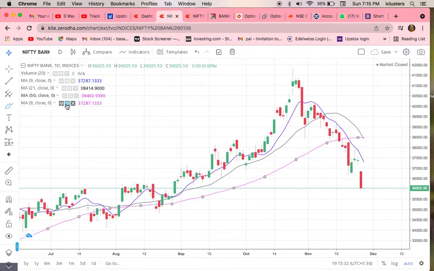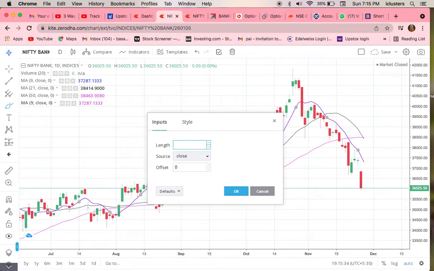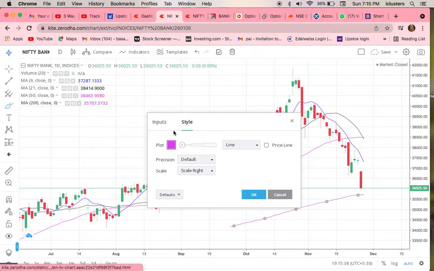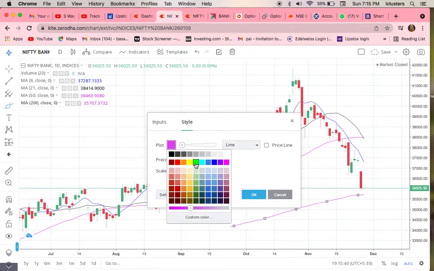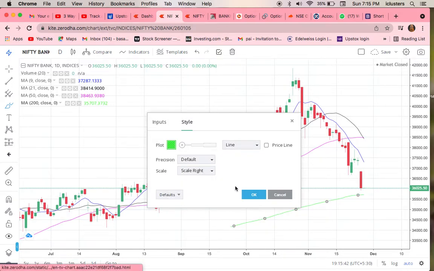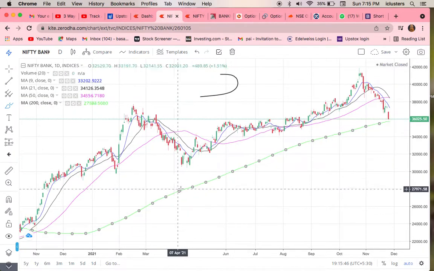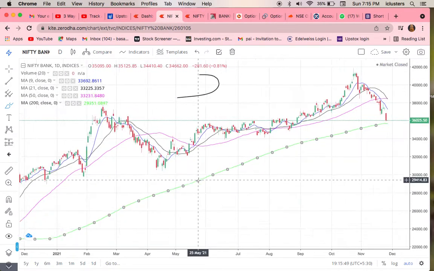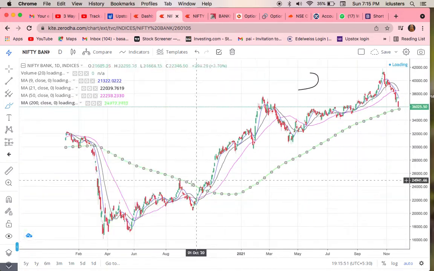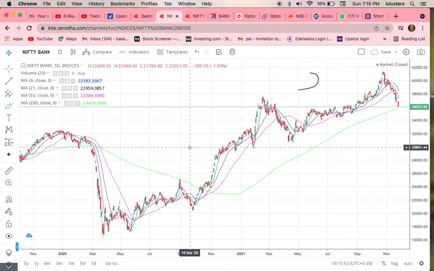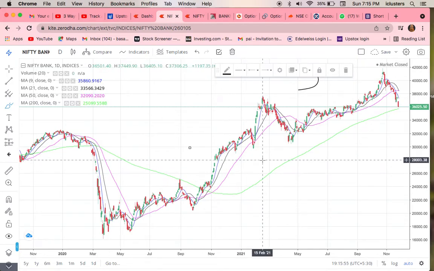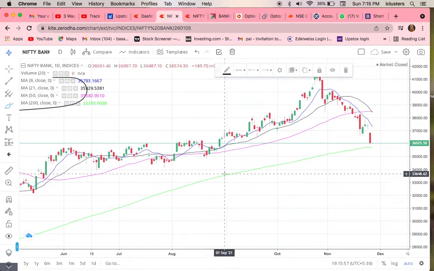The fourth one we change to 200 days, and we change the color to green. Okay, this is how the moving average price lines look. I will tell you how I have applied these four moving average lines here.